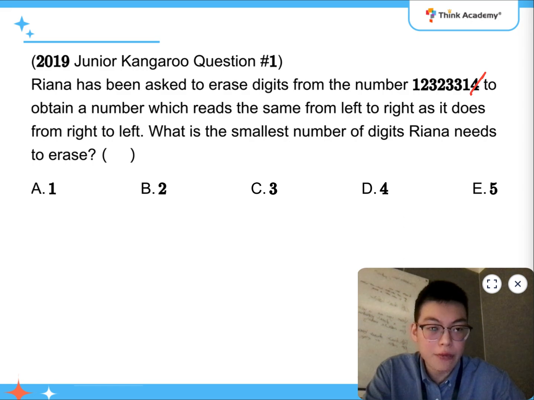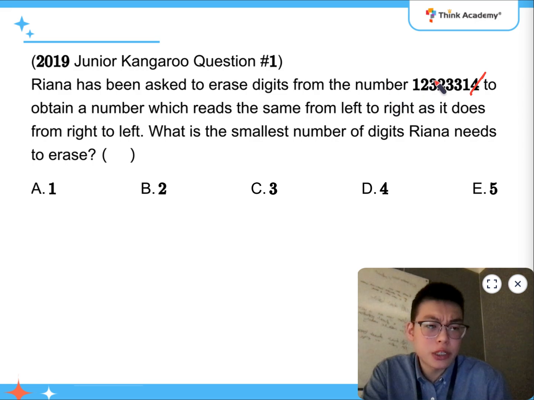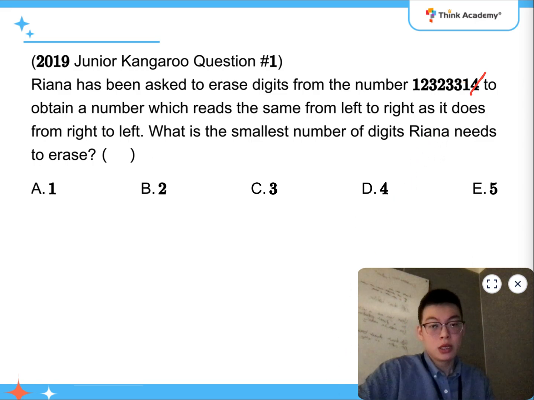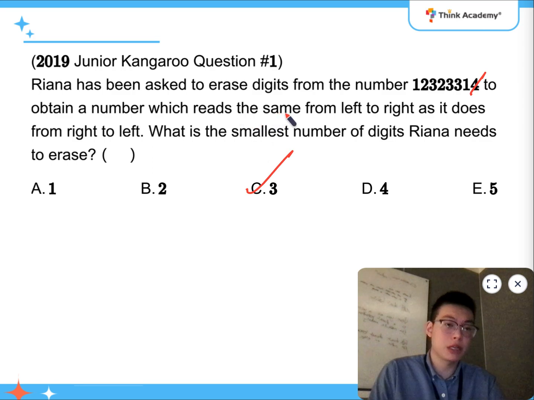So I need to have that removed. And then we have 3 of the 3s, 2 of the 2s in the middle. So if I need to have 1, 2, 3 for the start, it means that I need 2 and 1 coming up next, removing the 2 of the 3s. So there's going to be 3 numbers that I'm going to remove.